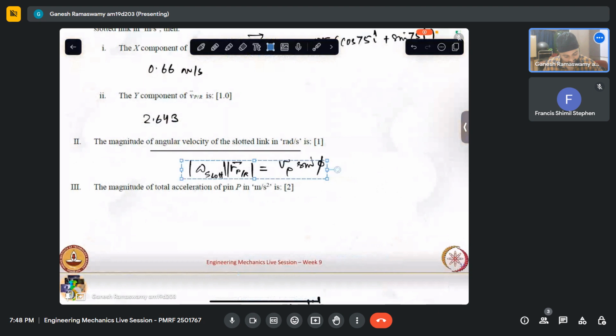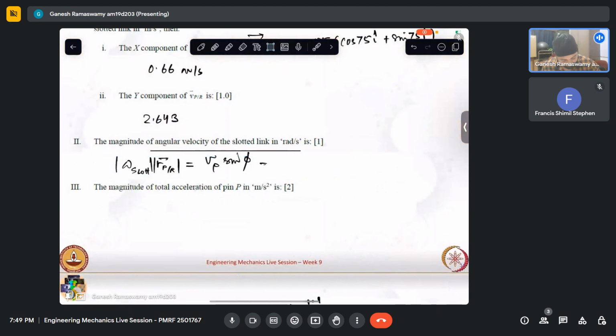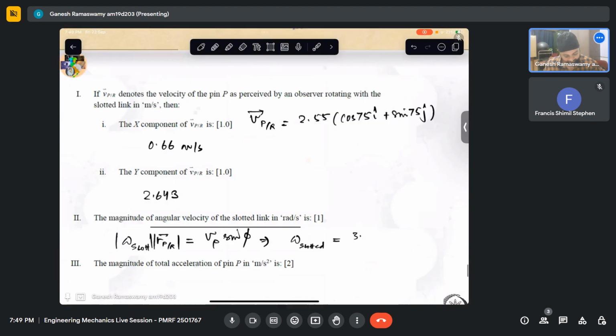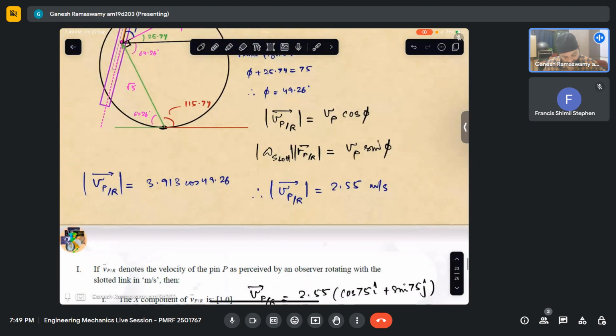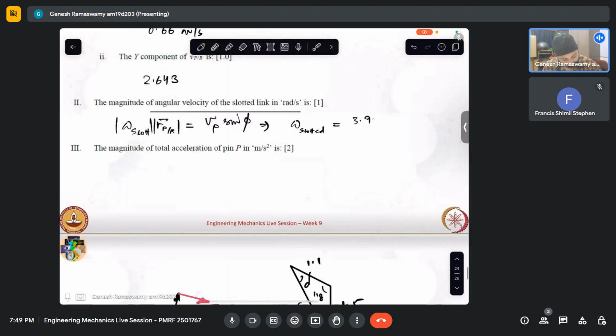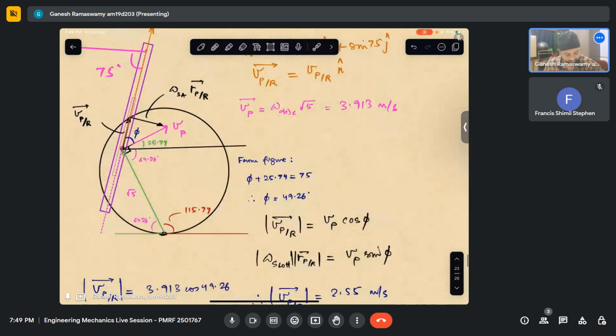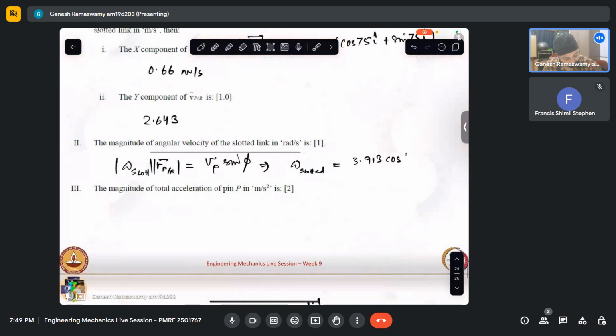Omega of the slotted arm is nothing but Vp, which is 3.913, cos phi, where phi is 49.26, divided by 2.75 meters.